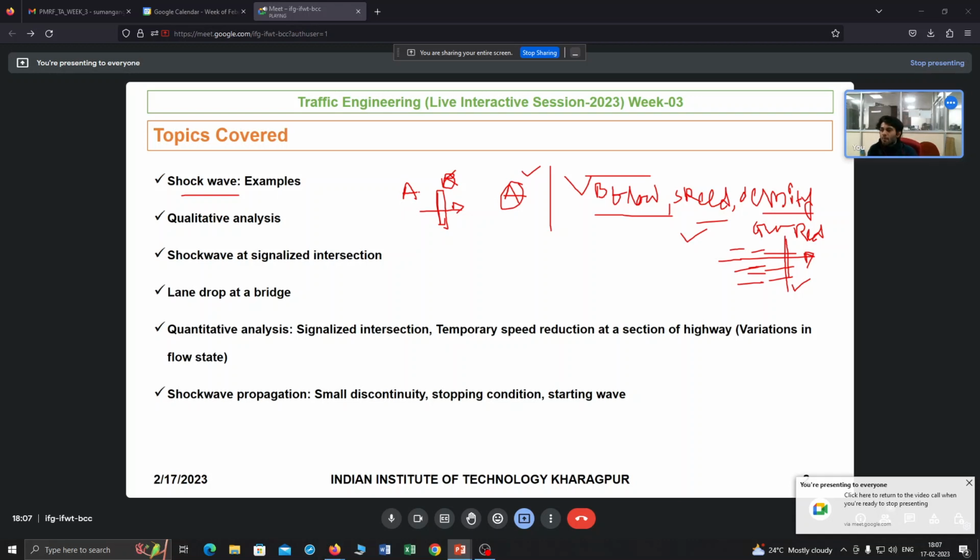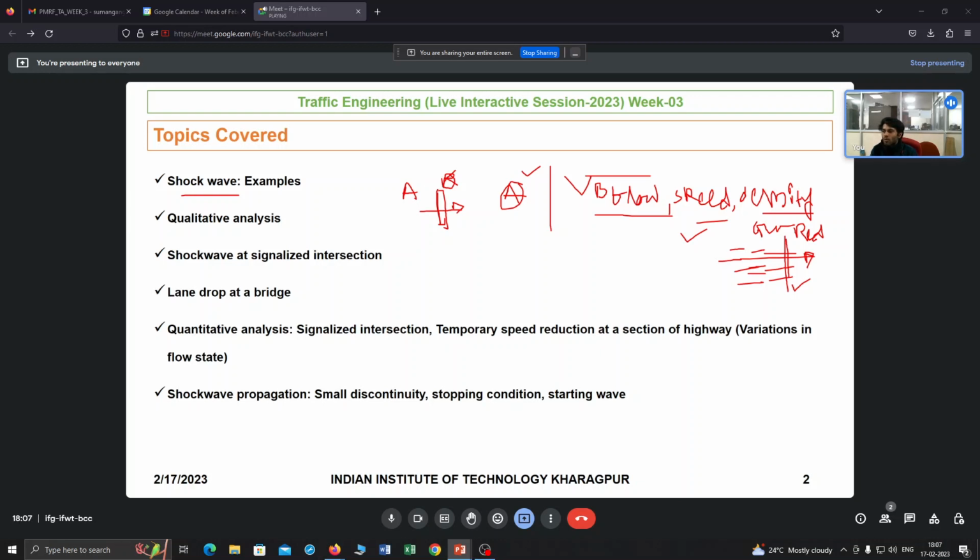During green it is A and no shock wave is created. Suppose the demand is constant, whatever the number of vehicles coming is the same throughout, and the width of the road is also not varying spatially. In that scenario the flow state A remains constant, so there is no shock wave.